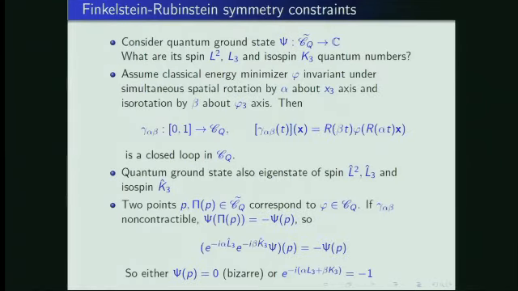You can go a lot further than this, and this is mainly what Stefan brought to the party, in fact. You can use the classical rotational and isorotational symmetries of the minimizers to impose symmetries on the parity of the wave function. From that, you can predict the spin and isospin quantum numbers of quantum ground states based on the symmetries of the classical energy minimizers.